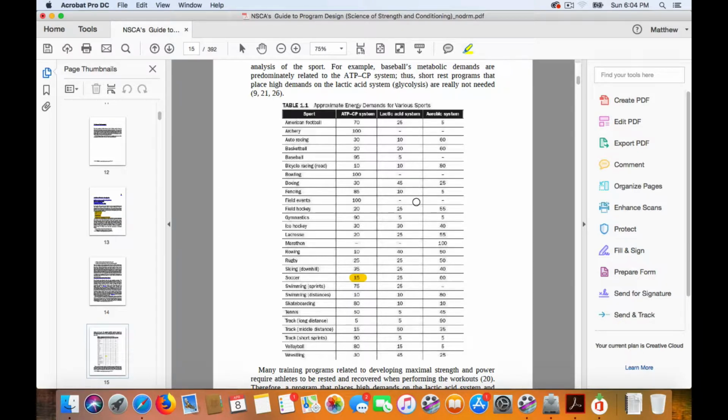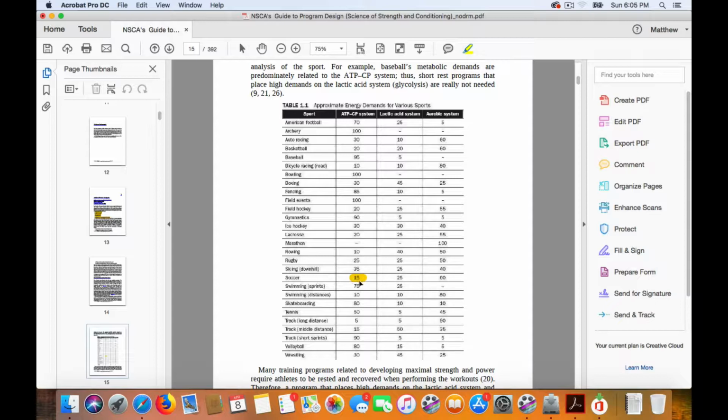You can have different dynamics of it switching into the different energy systems depending on your athlete's overall conditioning, but the book itself will go into that a little bit later. So you can see in soccer, it's not very sprint-heavy, explosive power.